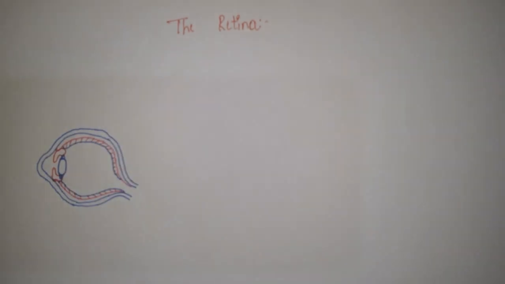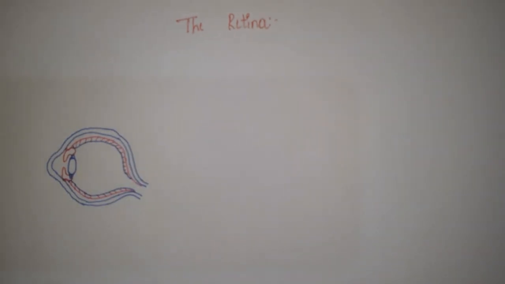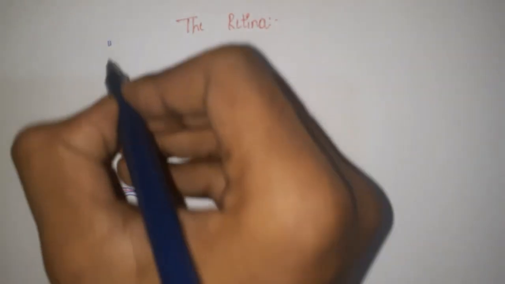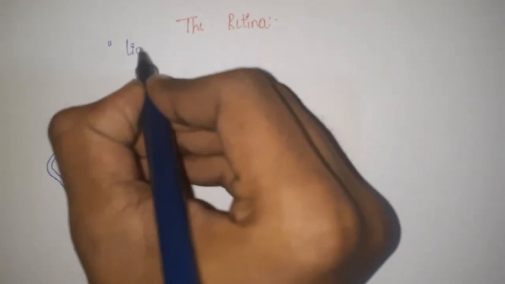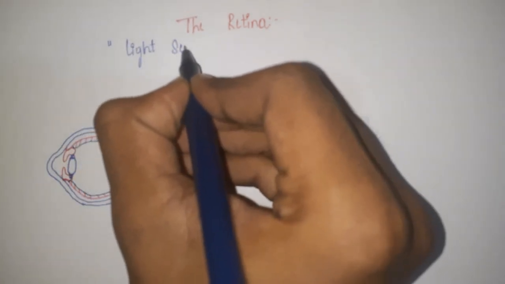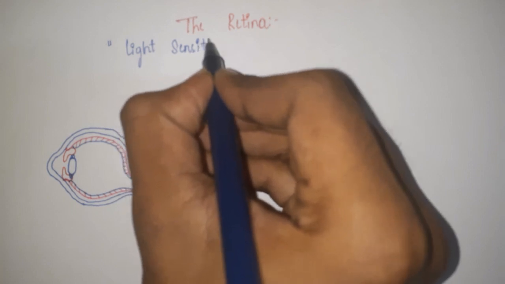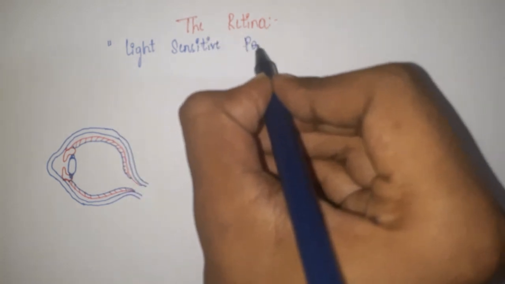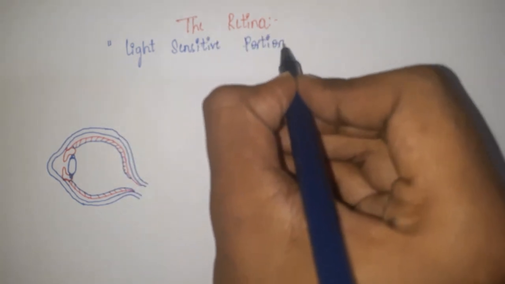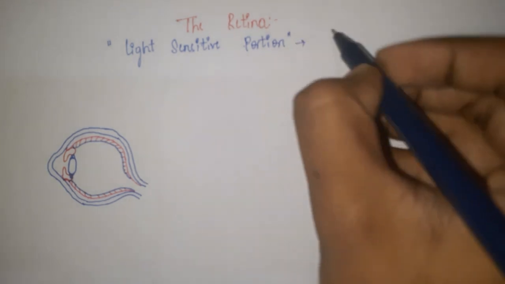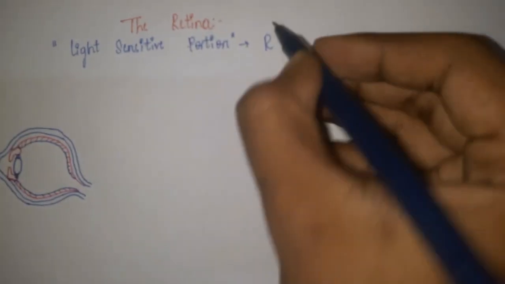What is meant by retina? Retina is the light sensitive portion of the eye, which contains rods and cones.